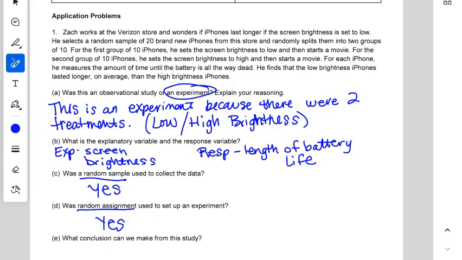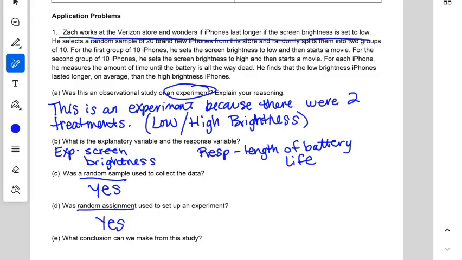Anybody want to share what they wrote? Zach's hypothesis was correct. Which is what? So we've got to write it in our words. We can rephrase what it said, though. Anybody want to share what exactly they wrote? All I put down was the study proved there was a correlation between brightness and battery life for iPhones.